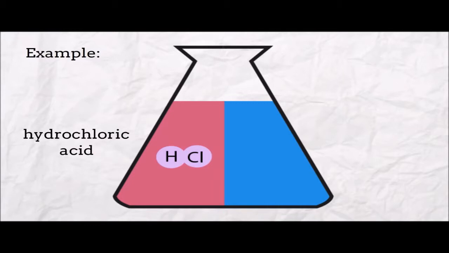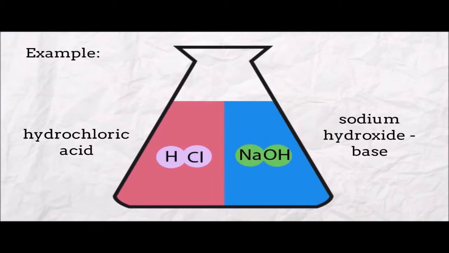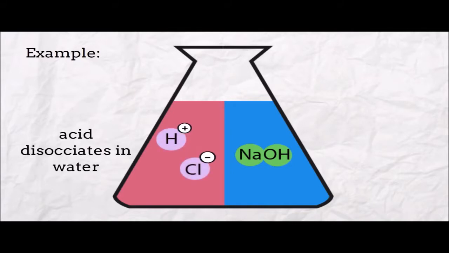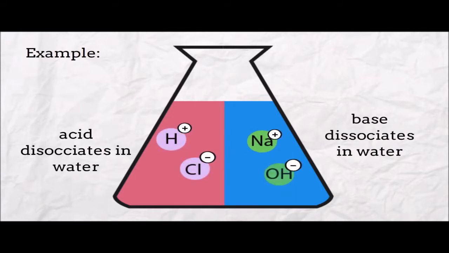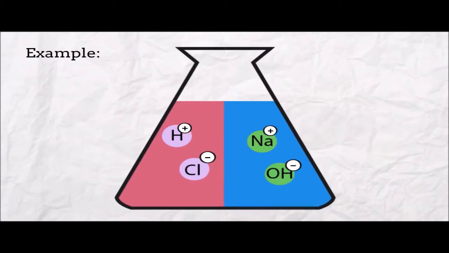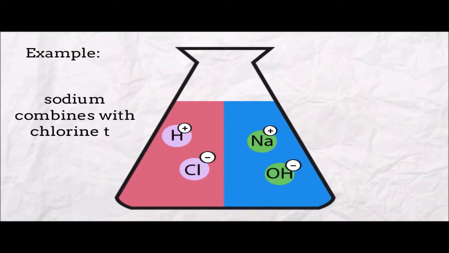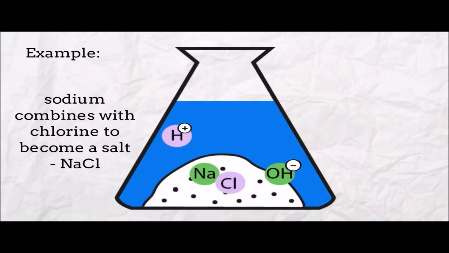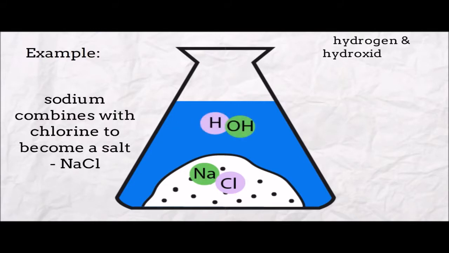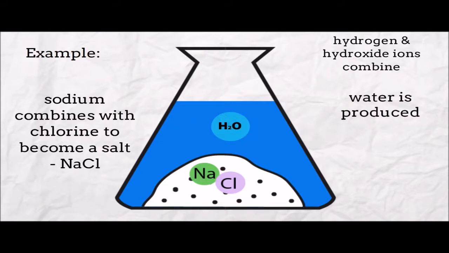When hydrochloric acid and sodium hydroxide base are added into the solution, hydrochloric acid ionizes into proton and chloride ion. Sodium hydroxide ionizes into sodium ion and hydroxide ion. Sodium combines with chloride to form sodium chloride. Hydrogen ion combines with hydroxide ion to form water.